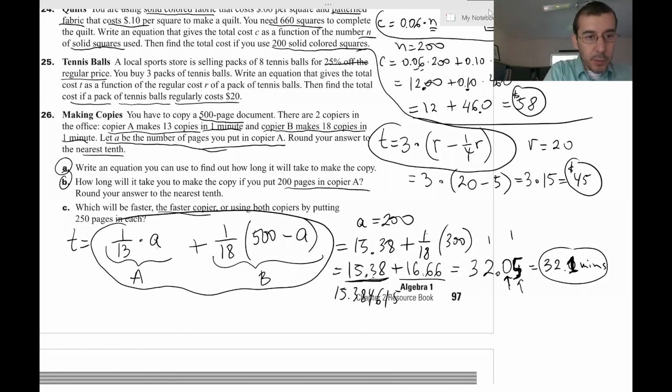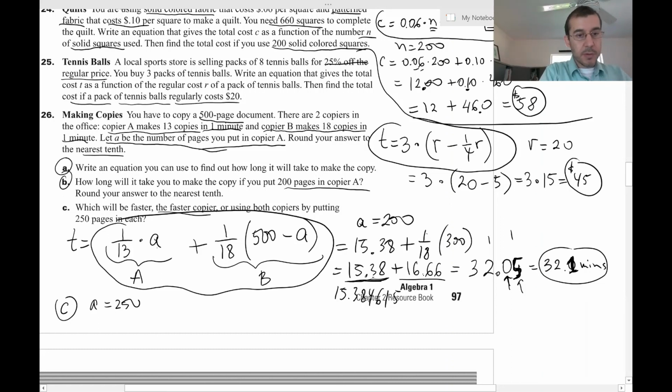And then under C, which will be faster, the faster copier or using both copiers by putting 250 pages in each? Well, it's going to be the faster copier, but let's just see. So first, if A is 250, what do we get? Well, 250 divided by 13, that's 19.23.